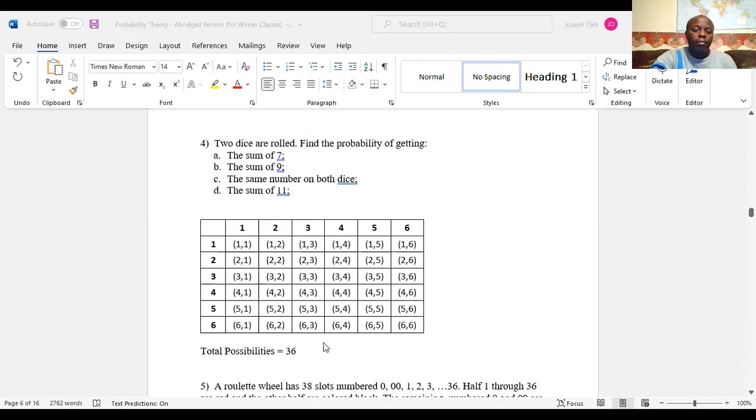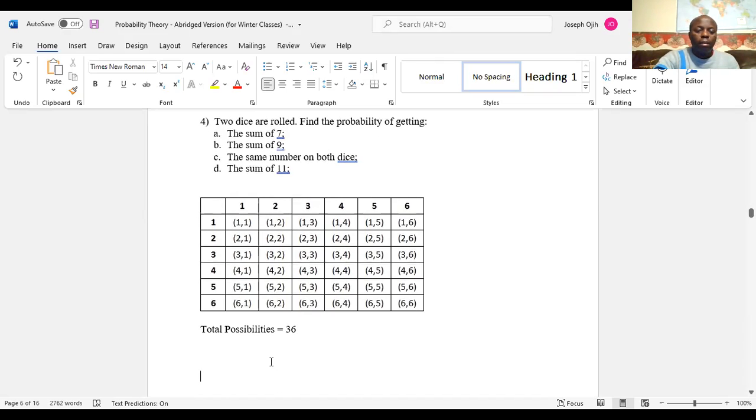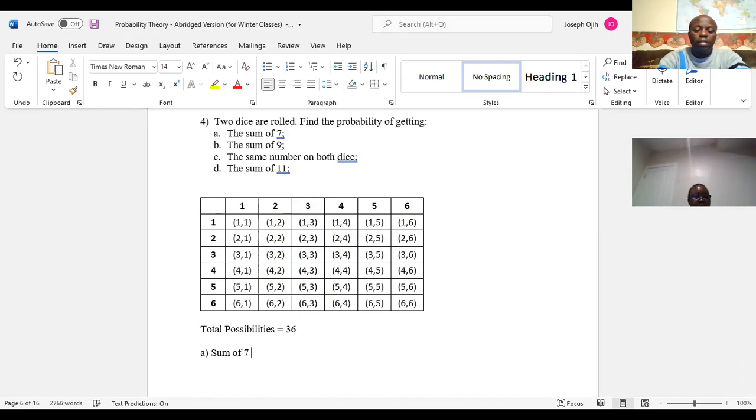Now with this, we can answer the question. Part A asks for the probability of getting a sum of 7. These are the outcomes that will give you a sum of 7.